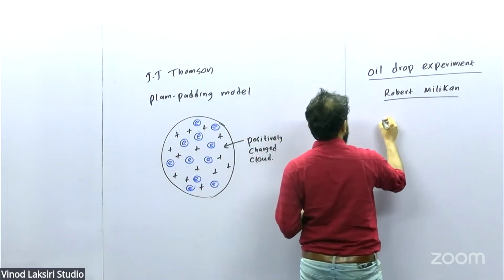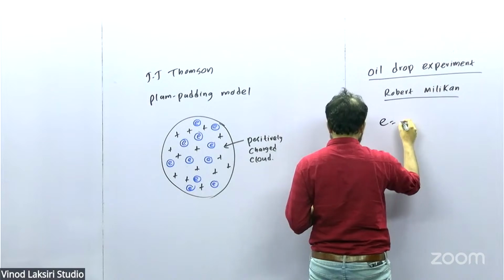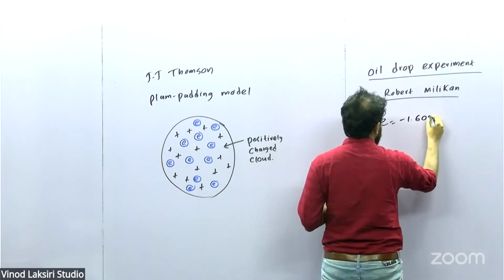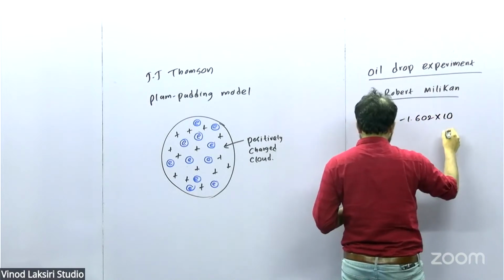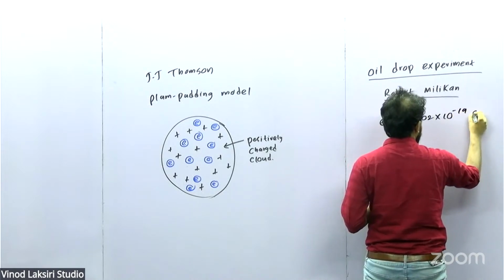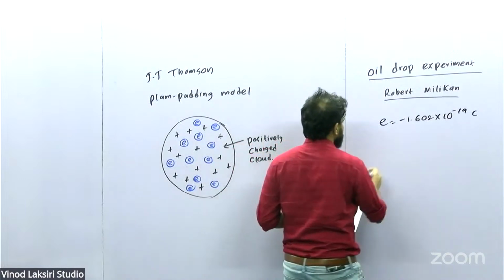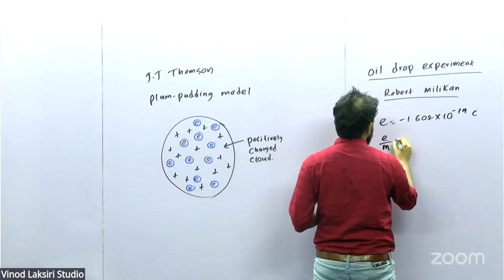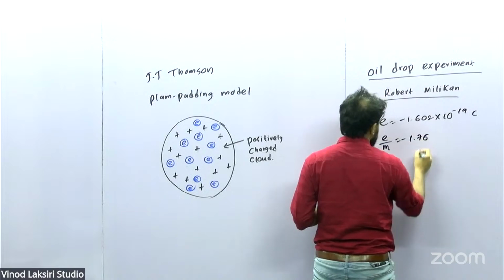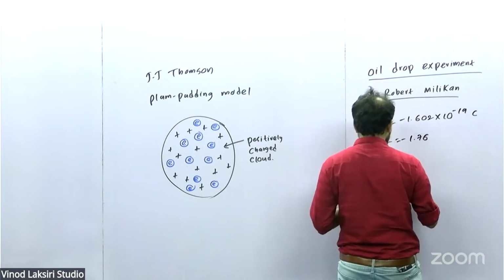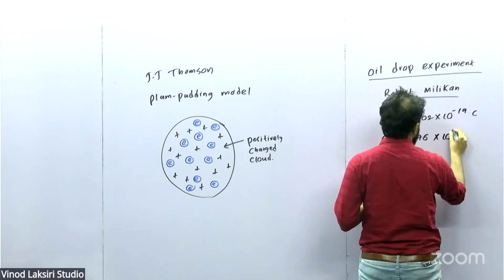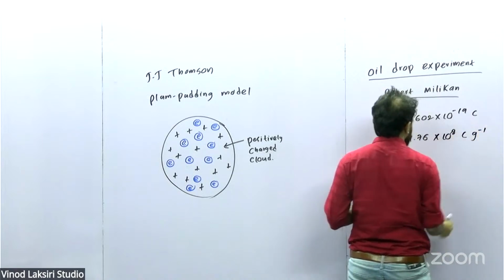The charge of the electron e is minus 1.602 times 10 to the power minus 19 coulomb, right? Then we know the e divided by m value of the electron, which J.J. Thomson discovered as minus 1.76 times 10 to the power 8 coulomb per gram.